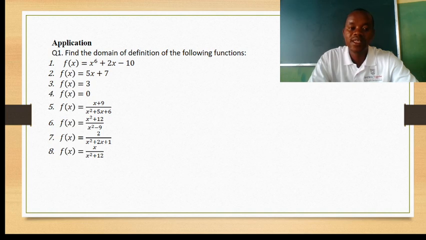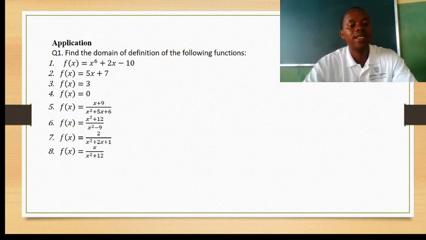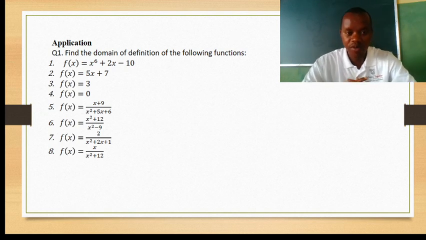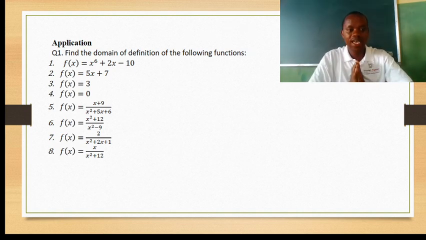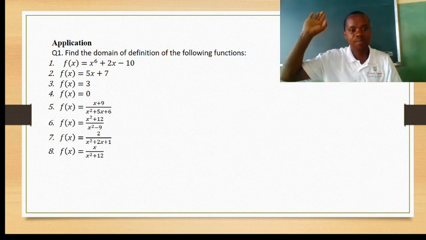In this case, the domain of definition for number 8 is the set of all real numbers except nothing, which means from -infinity up to +infinity. If you have done the 8 functions successfully, put your hands up.